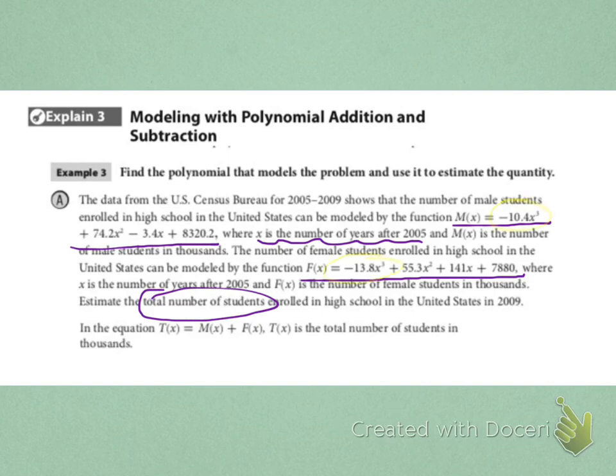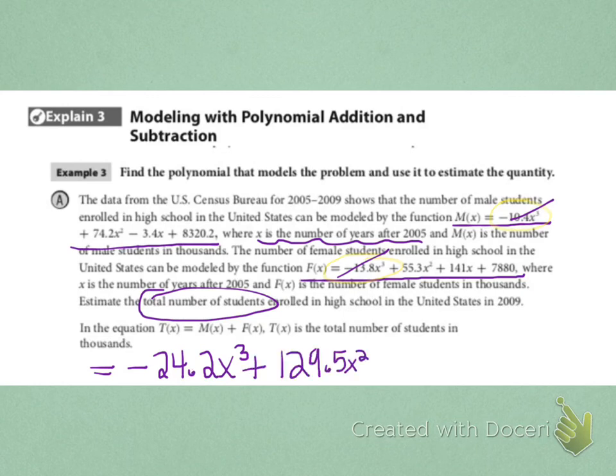These are both x cubed terms, so when I add those together, they add up to negative 24.2 x cubed. Looking at the next term, the x cubed ones are done, then the x squareds, I have a 55.3 x squared and a 74.2 x squared. That adds up to 129.5 x squared.